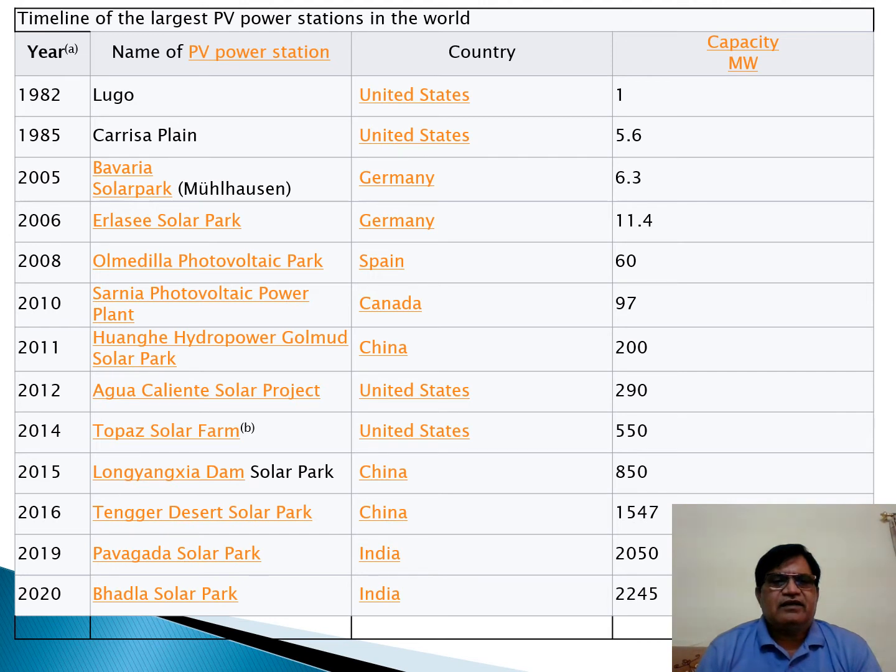Then again the Tengger Desert solar power plant in China with a capacity of 1547 megawatt.